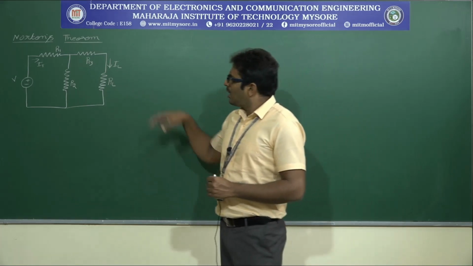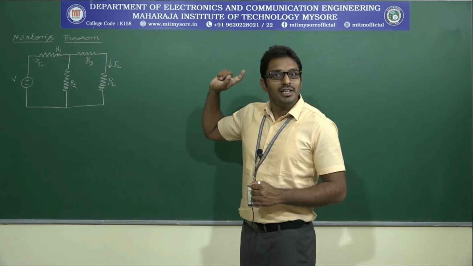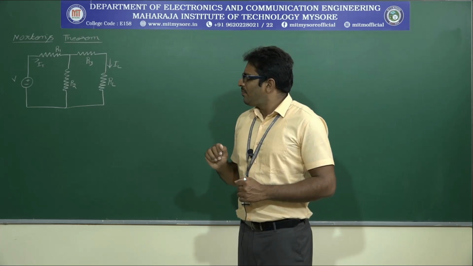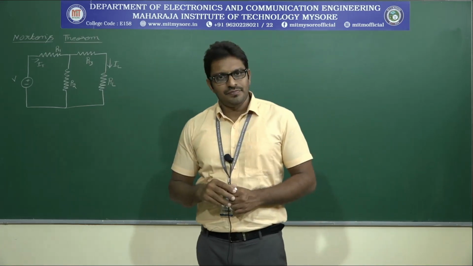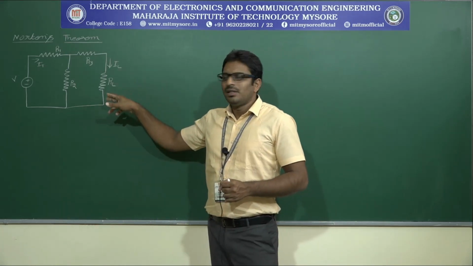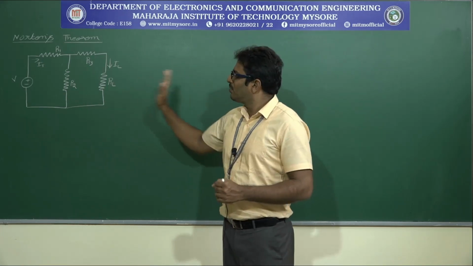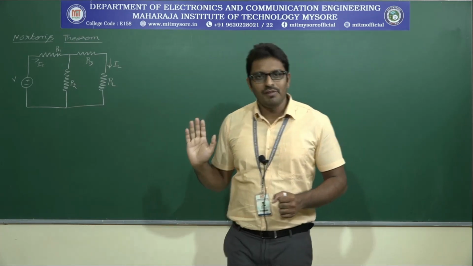Okay, consider the same circuit as we considered in Thevenin's theorem. In order to prove Norton's theorem, first find the load current using any method. What we are calculating, the load current, is the same thing we calculated in Thevenin's theorem. The first part of the proof is exactly the same as Thevenin's theorem.